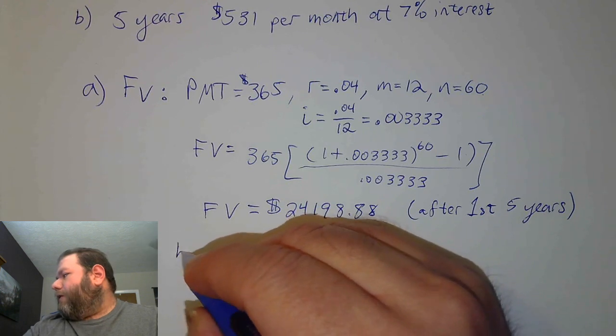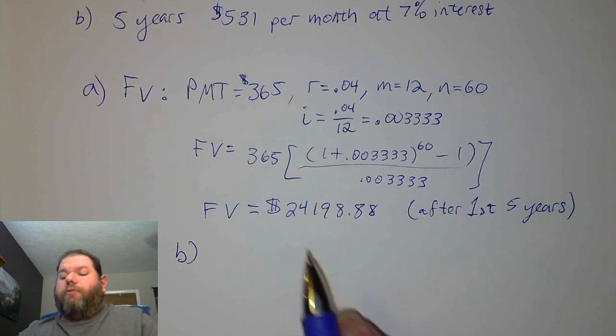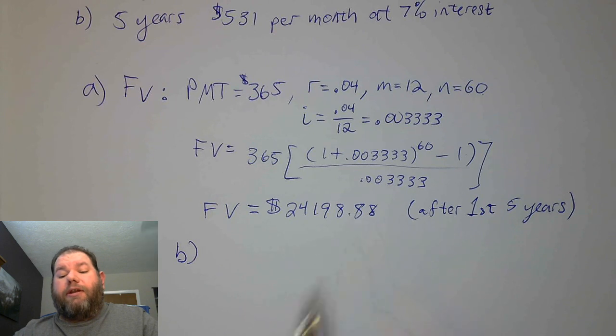Okay, so for B, we take this money and put it into the other account.